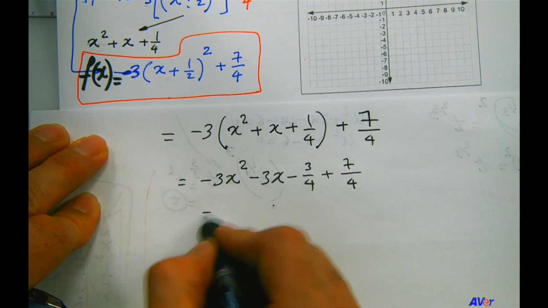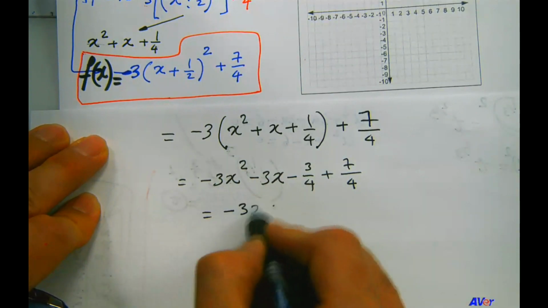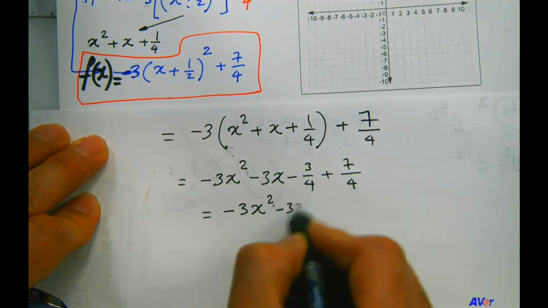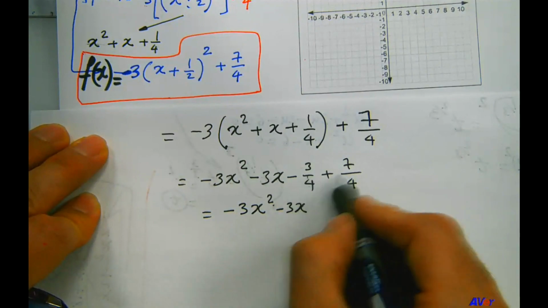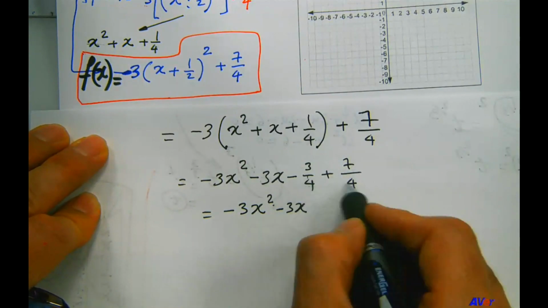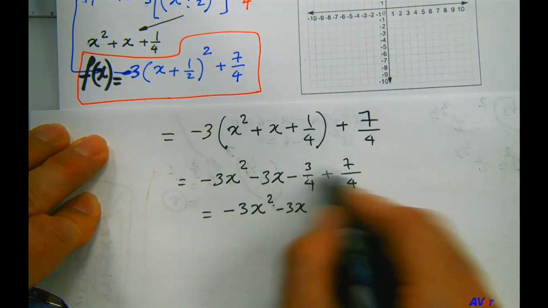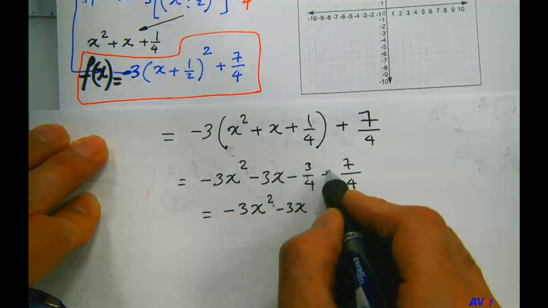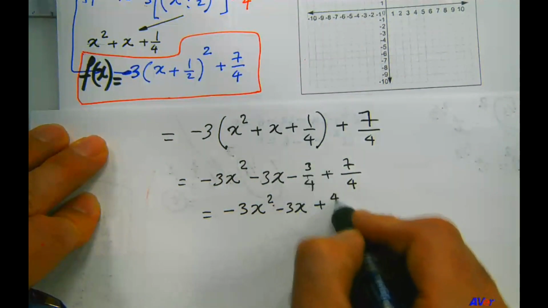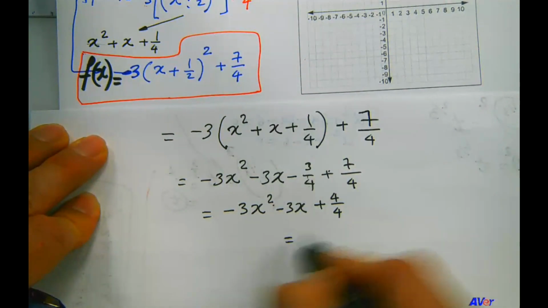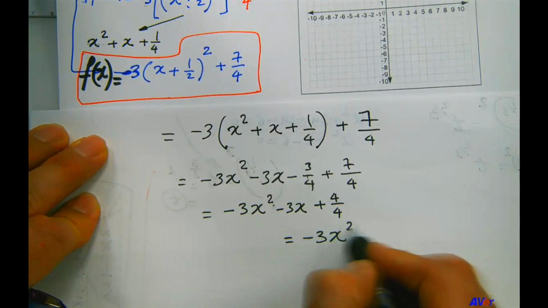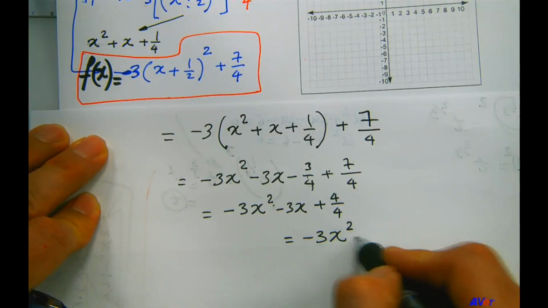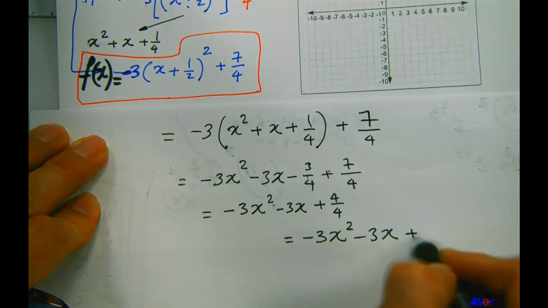Okay? Then, what do we end up with? Minus 3x squared minus 3x. Minus 3/4 and 7/4 have a common denominator, which means we can add or subtract the numerators. So minus 3 plus 7 is plus 4 over 4. So we end up with minus 3x squared minus 3x plus 1.